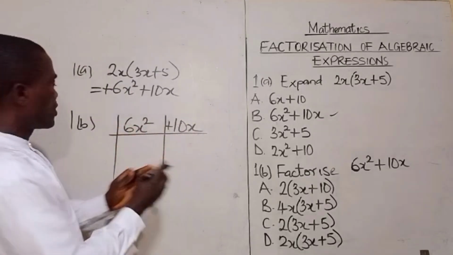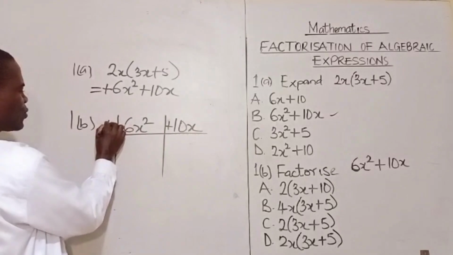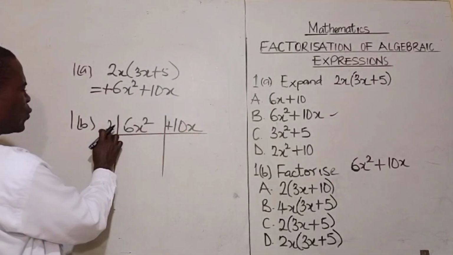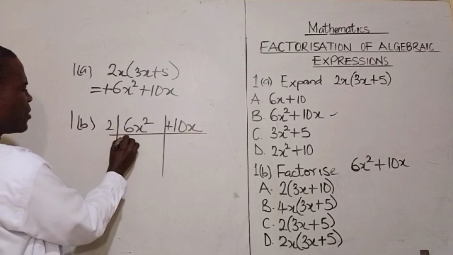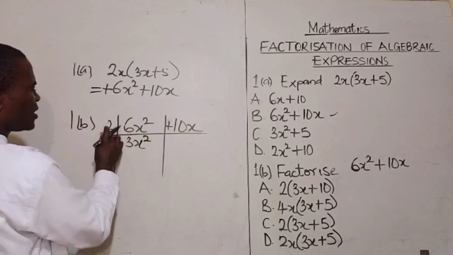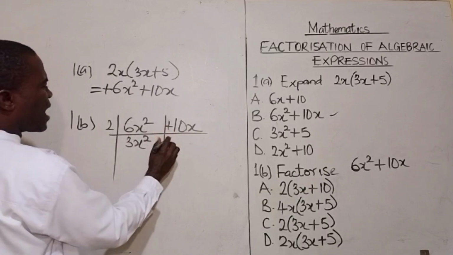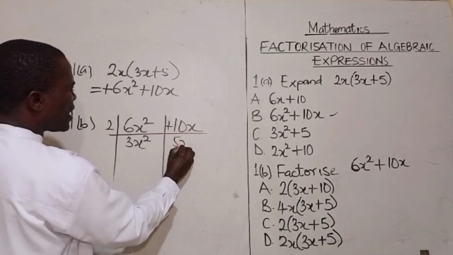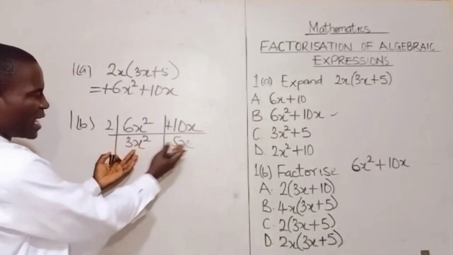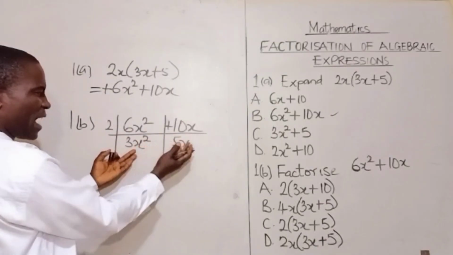Then we look at what is common between 6x squared and 10x. What is common? First and foremost, 2 is common to both of them. Since 2 can go into 6, how many times? That is 3x squared. Then this same 2 goes into 10 five times, that is 5x. Is there any other term that is common to both?